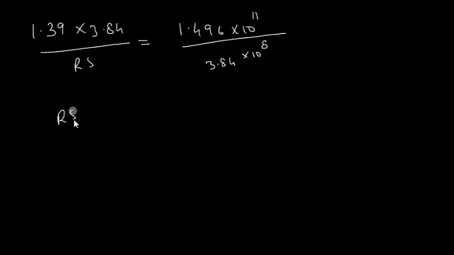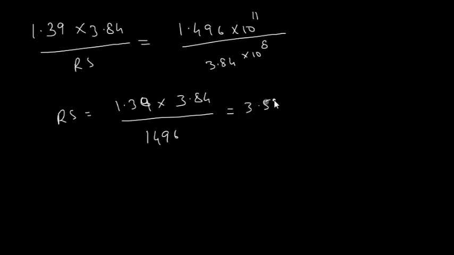Therefore, RS is equal to 1.39 into 3.84 upon 1.496, which is equal to 3.57 into 10^6, that is 3.57 × 10^6 meter.